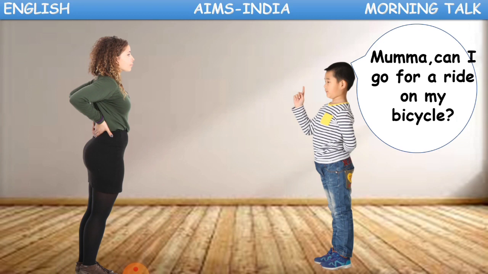Somebody wants to do drawing, somebody wants to play outside, somebody wants to go for a ride on the bicycle. So whatever you want, if you want to ask your mother or your father, you can ask like this. You can also add please. Mama, can I please go for a ride on my bicycle?